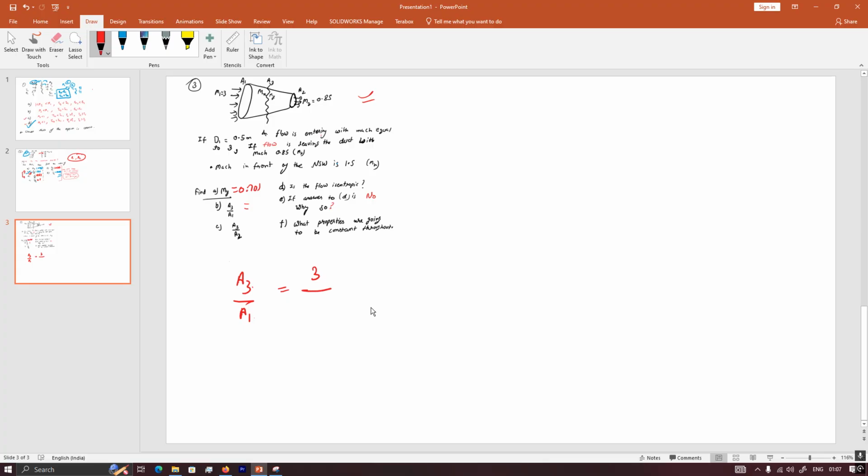So A3 by A1 will be equal to, at A1 there is Mach 3 upon, and at A3 is your Mx Mach, which is 1.5. 1 plus (gamma minus 1)/2 times 1.5 squared upon 1 plus (gamma minus 1)/2 times 3 squared, to the power (gamma plus 1)/(2(gamma minus 1)). This is your formula.